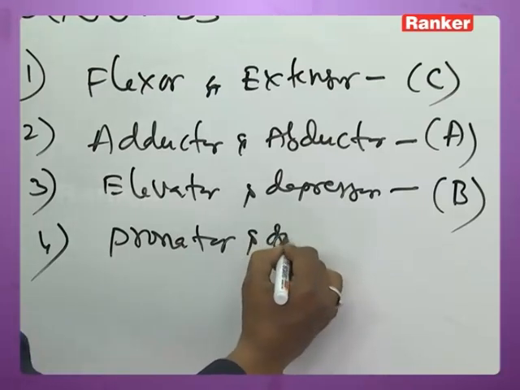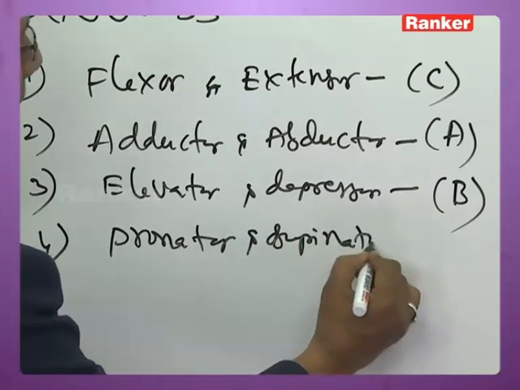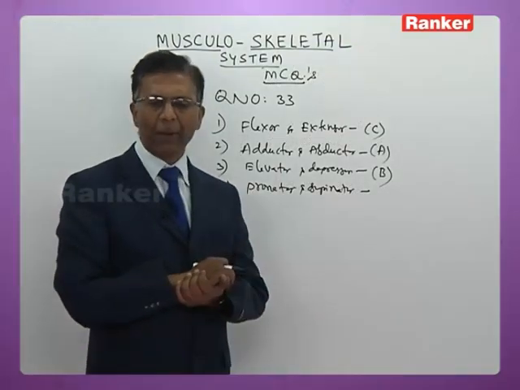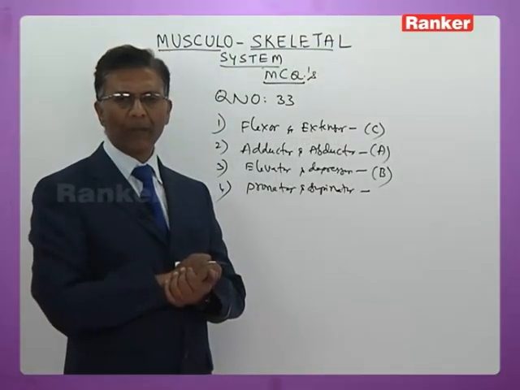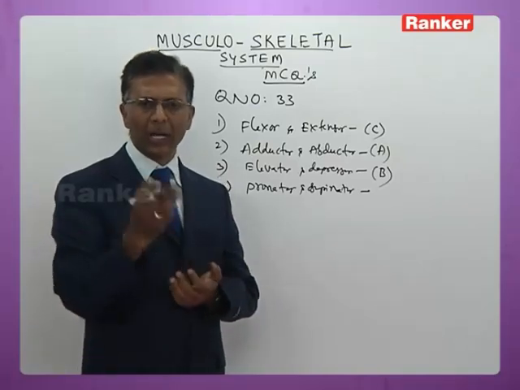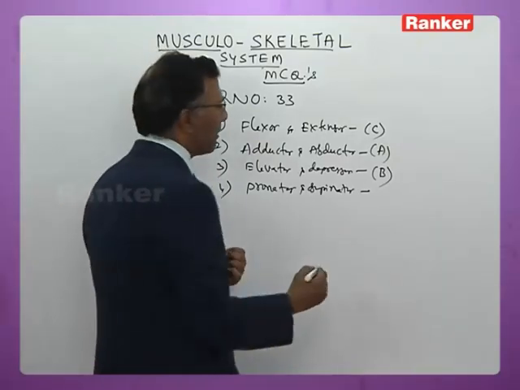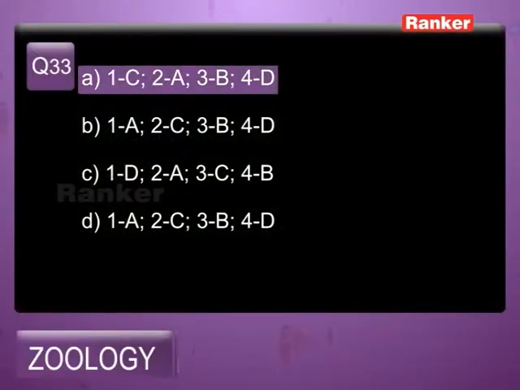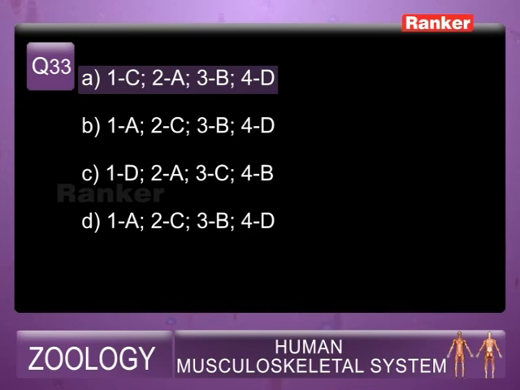Pronator and supinator are the muscles which keep the hand and palm stretched either forward or backward or upward or downward. So the correct option among these is D. So the answer is 1C, 2A, 3B and 4D. So the answer for this is 1, that is A.